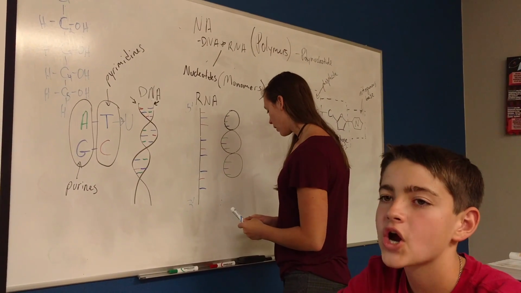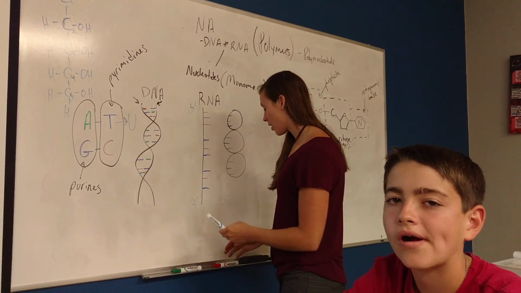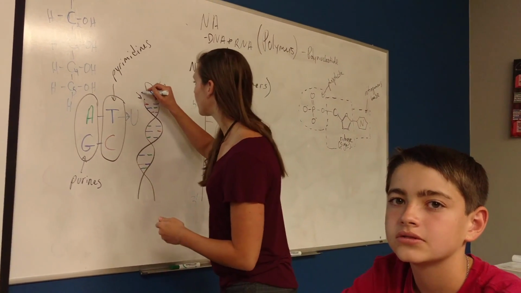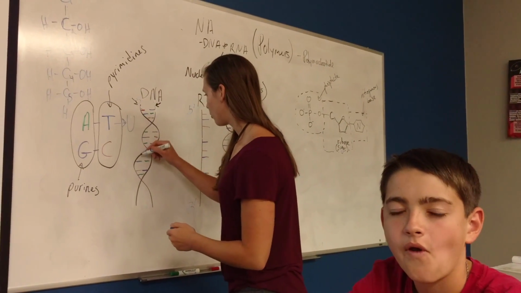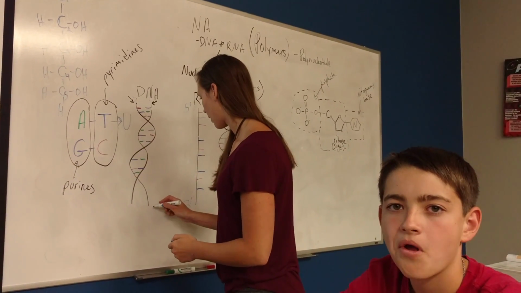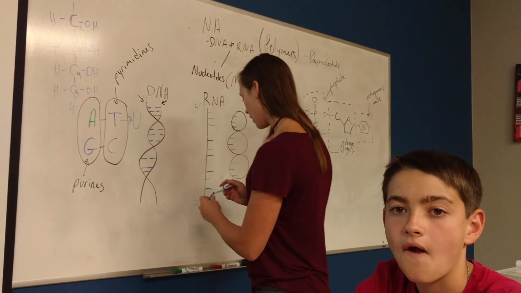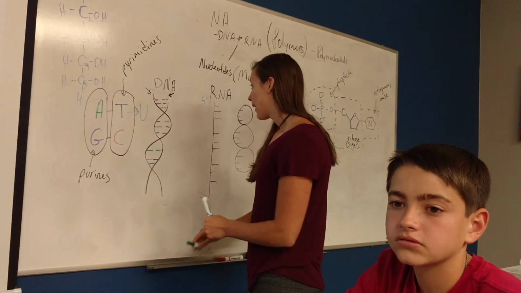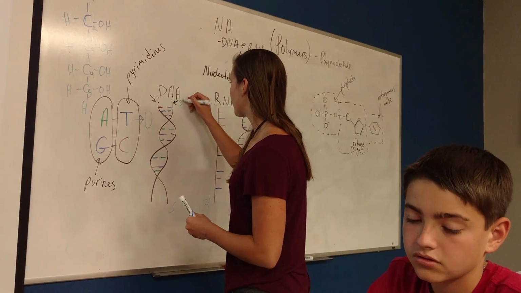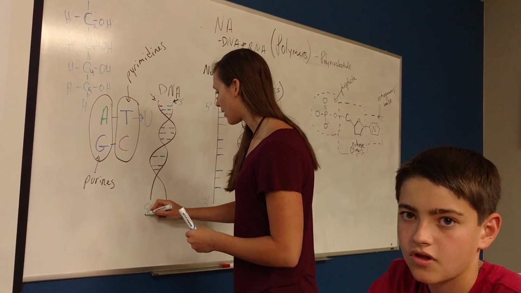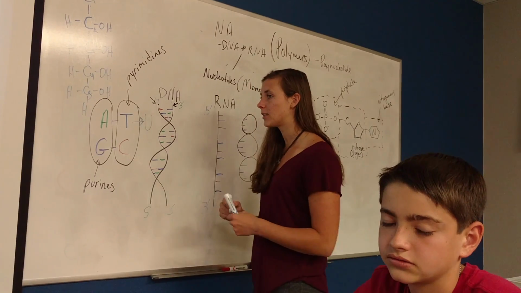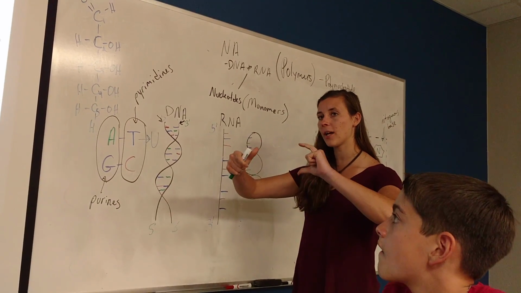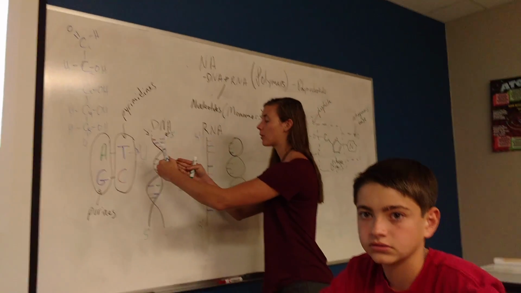Our second strand is anti-parallel: the 3' end is at the top, and the 5' end is at the bottom. It's just how it orients itself with regard to each other. They flip, and then they come together, and they sequence.